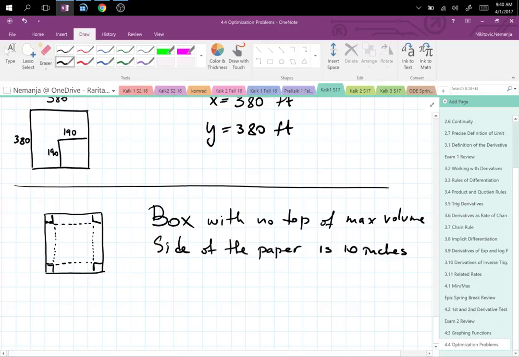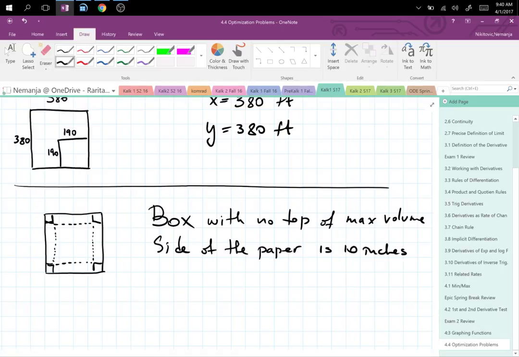And then you fold the sides up on those dashed lines. Take pieces of tape and just tape the whole thing together. It's really quick to do this.